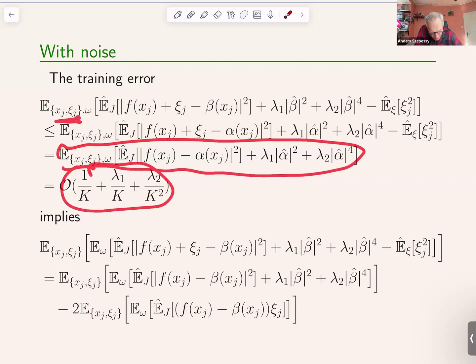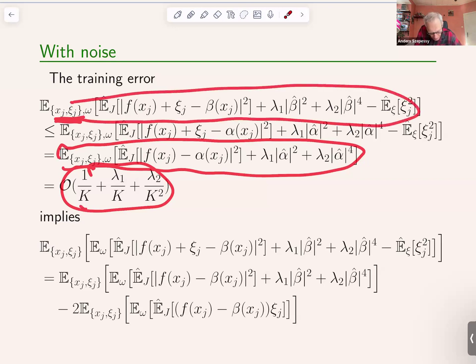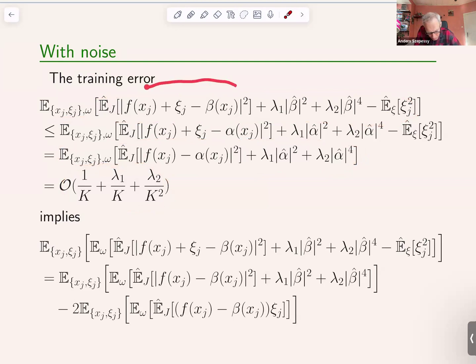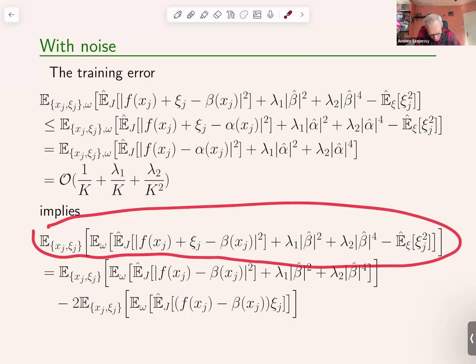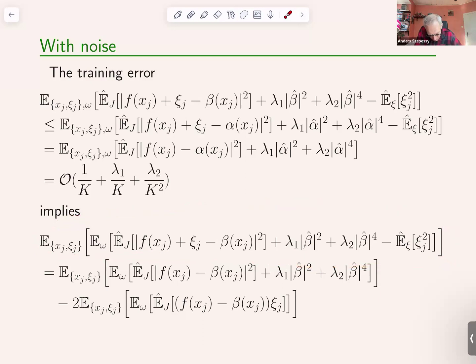So we have one estimate of the training error, but it is a bit complicated that it has a square here, including the noise, which we need to handle. We do that by writing out the training error with a square, this minus that. This is here. And then this times the difference is there.